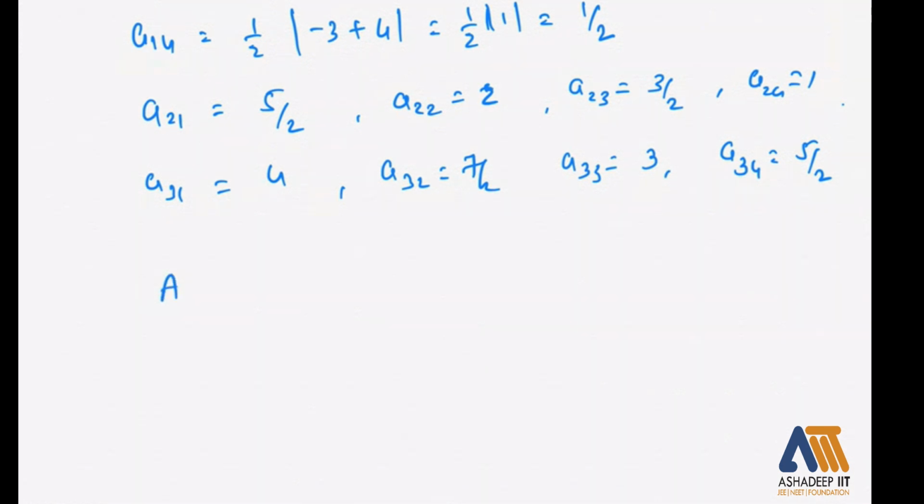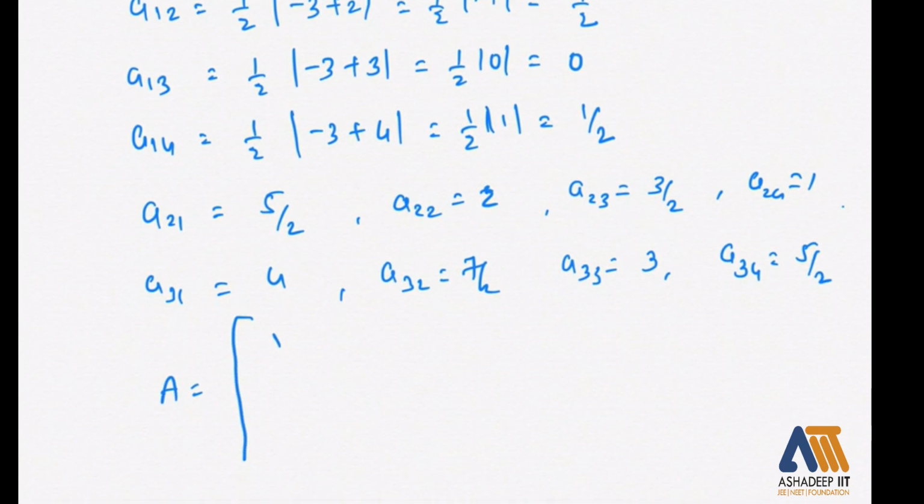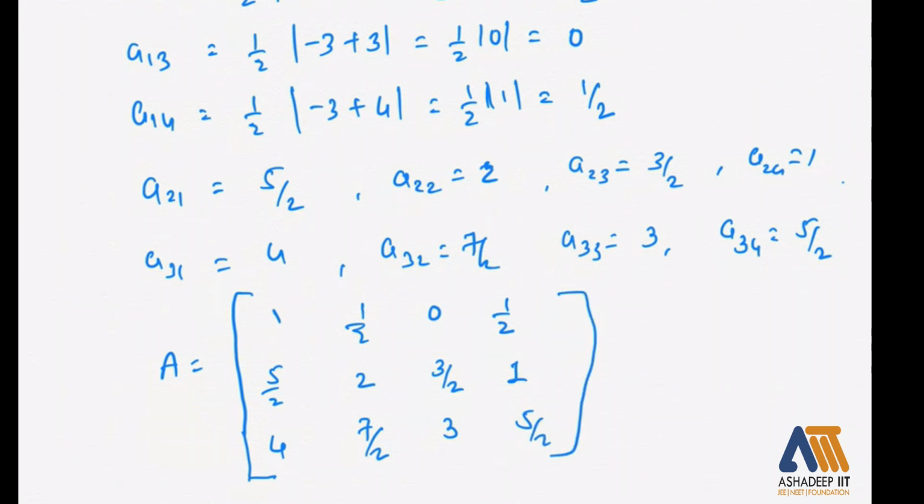So the answer: first row 1 by 2, 0, 1 by 2, 1 by 2... Next, second row 5 by 2, 2, 3 by 2 and 1. Third row 4, 7 by 2, 3 and 5 by 2.